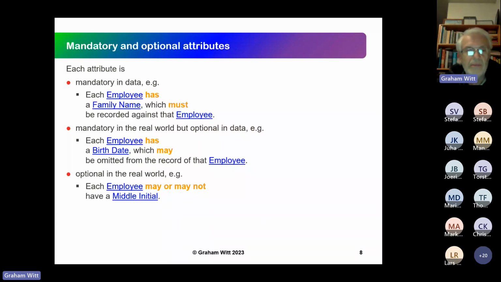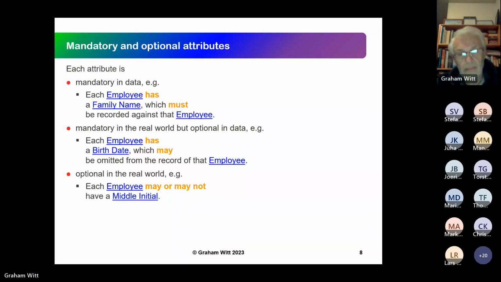And I only realized this, of course, when we had produced some statements. And one of the statements we had produced said that a student, this was an education department system, a student may or may not have a father.